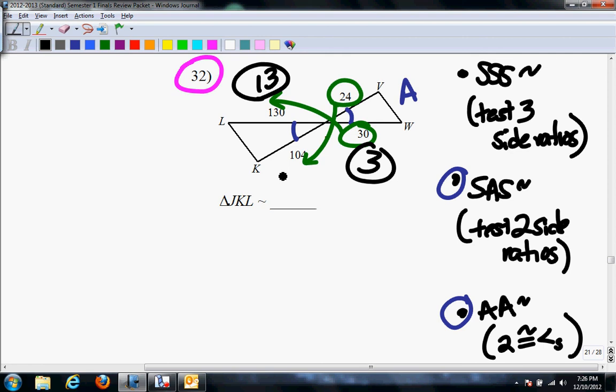Let's check here. What goes in here maybe 3 times? Well, 8 goes in there 3 times. Let's see if 8 times 13 gets us 104.